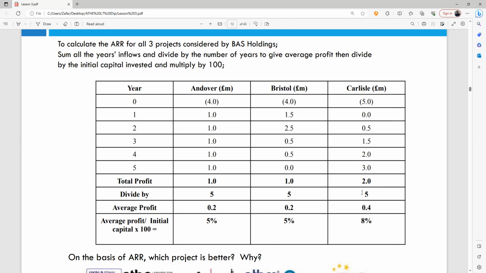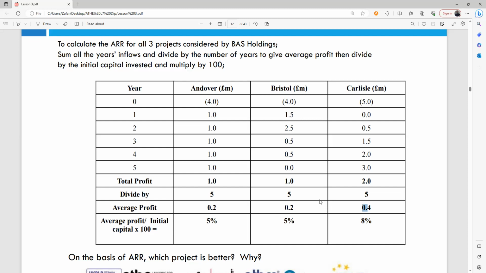Now 2 divided by 5, which is the number of years, will give you a 0.4, which is 0.4 multiplied by the initial investment, which is the 5 multiplied by 100%, which will give you the 8% return.